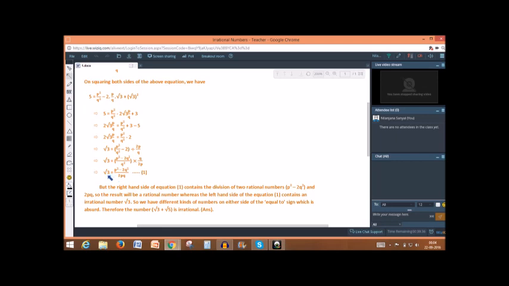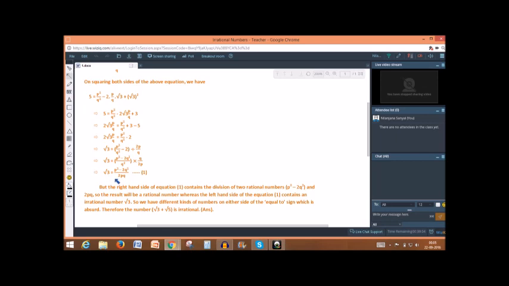Whereas the left hand side is root 3, which is an irrational number. We know that root 3 is an irrational number. So we have different kinds of numbers on either side of the equal to sign, which is absurd. The left hand side has an irrational number, and that is being equated to a rational number. An irrational number cannot be equal to a rational number.